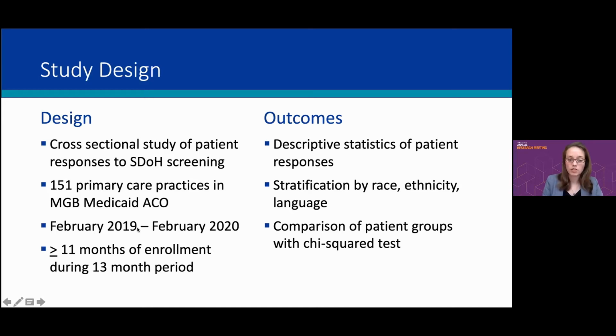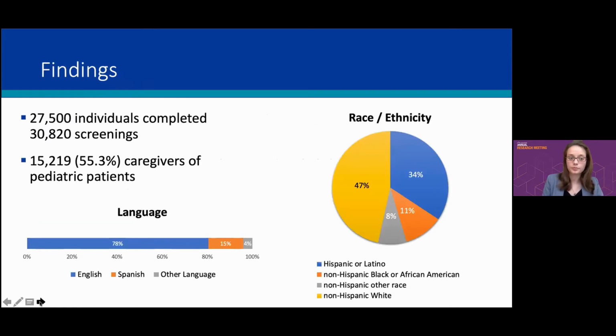And we included patients in this study who had at least 11 months of enrollment in Medicaid during the 13-month period of our study. So as part of this, we looked at descriptive statistics of patient responses. We stratified by race, ethnicity, and language, and then compared patient groups using a chi-square test. So in this study population, there were 27,500 individuals who completed 30,820 screenings.